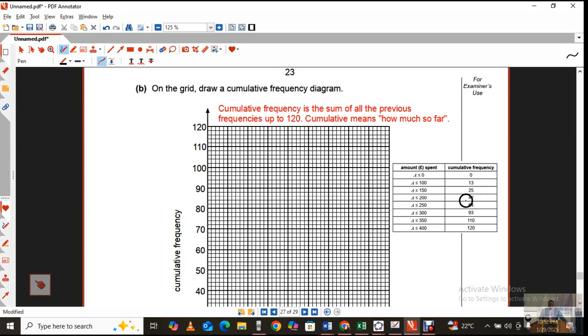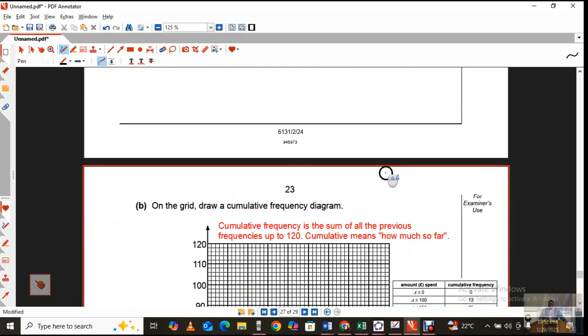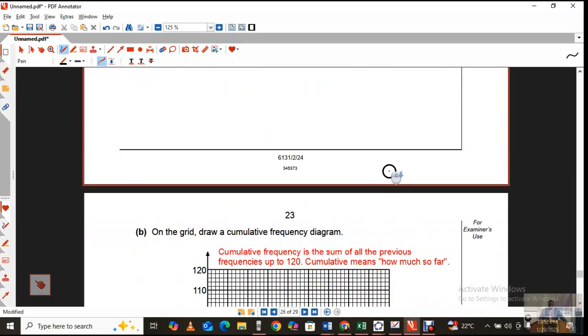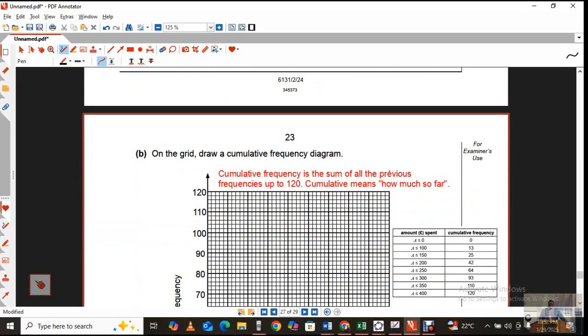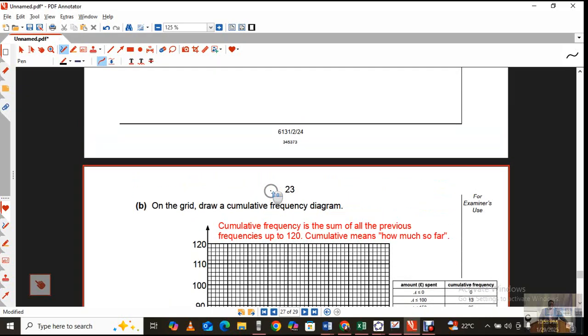Remember, if you go to this one that we calculated, and you have to add the frequencies together, let me just make sure that I can bring that nicely for you.